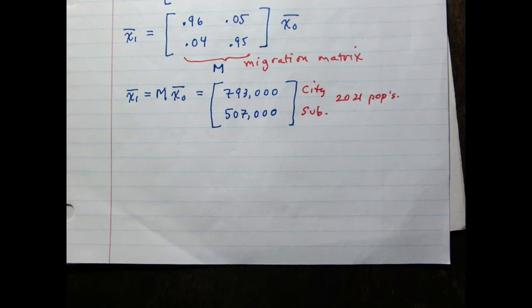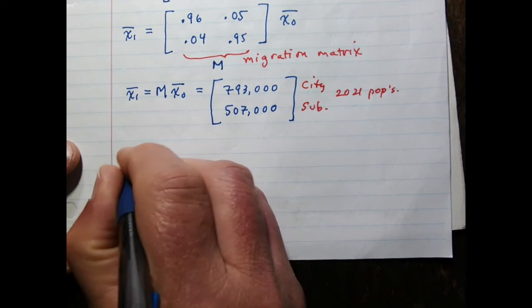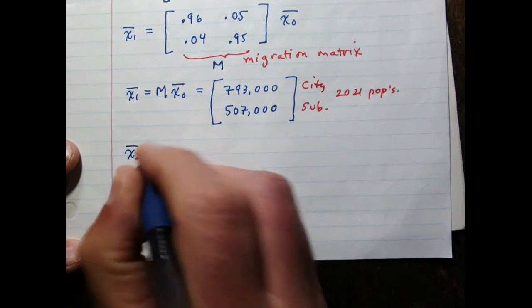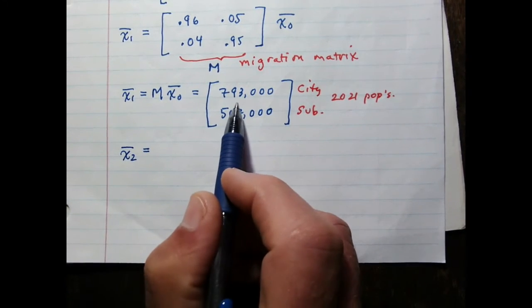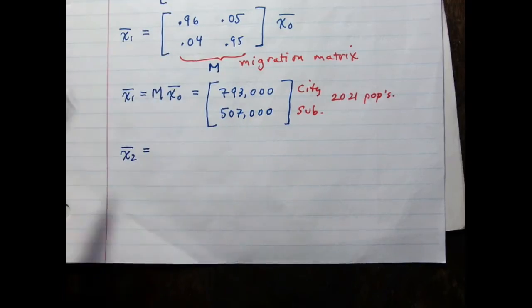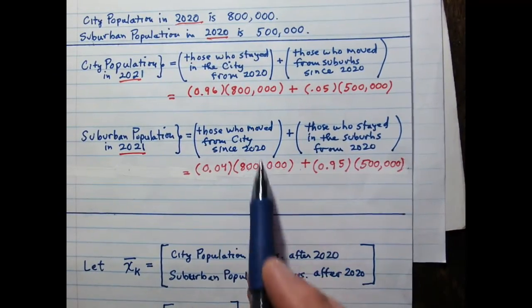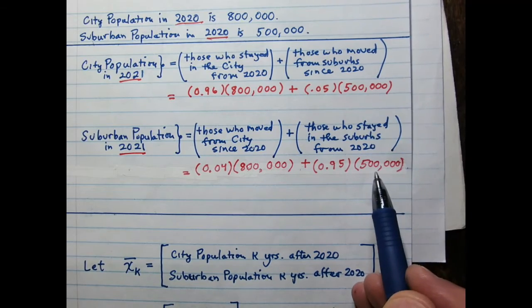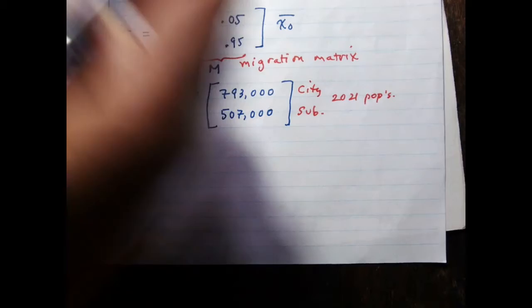Now to get x2, do you see, we could do the same thing. We could actually take 793 and 507 and just put them in the positions that 800,000 and 500,000 had in our first part of the calculation. But we're not going to do that again.